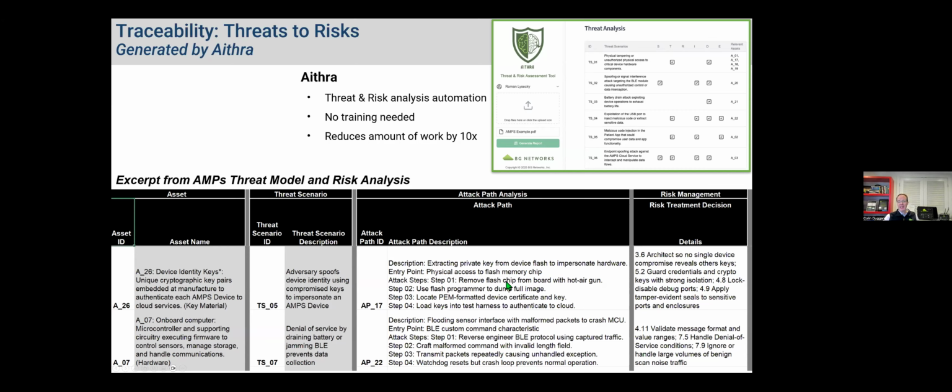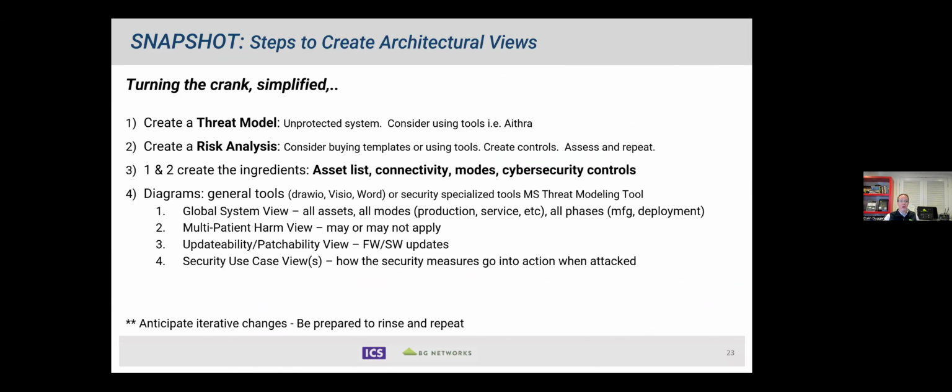Here are the attack paths that we looked at the exploitability for. And then here are the security controls that we came up with to reduce those risks. So again, just showing how we have traceability in this method for the architectural views that we're showing here.